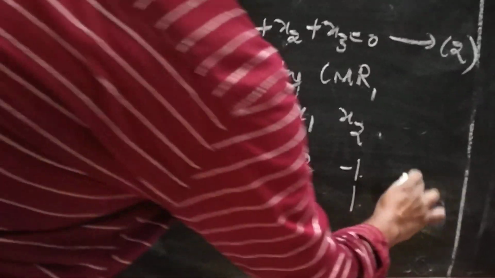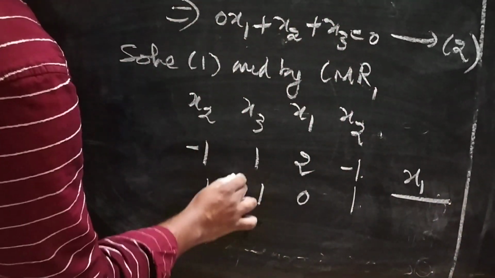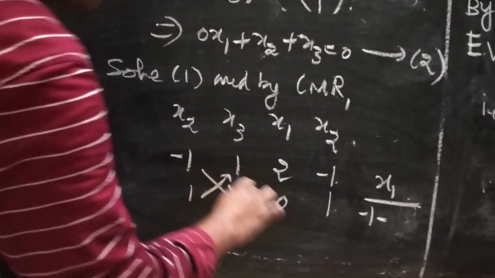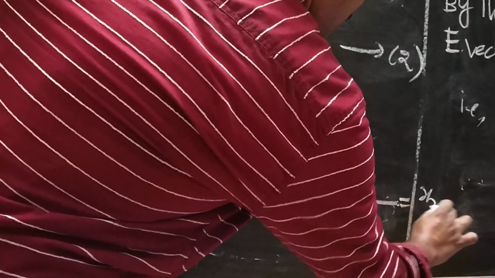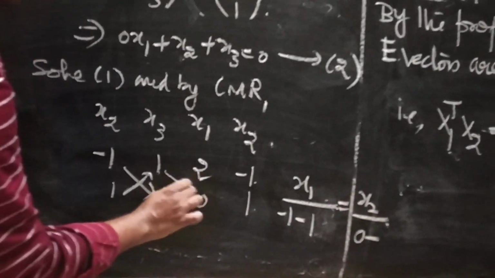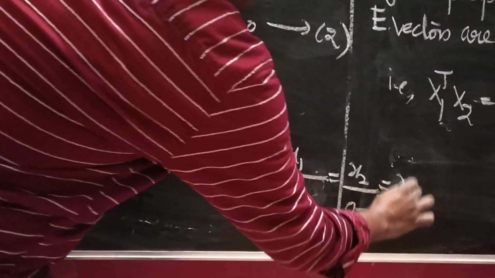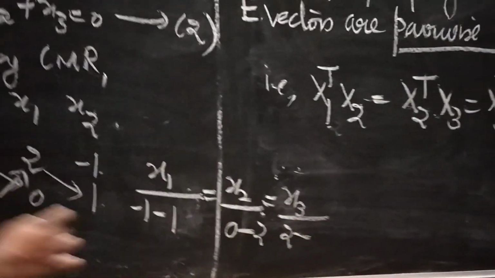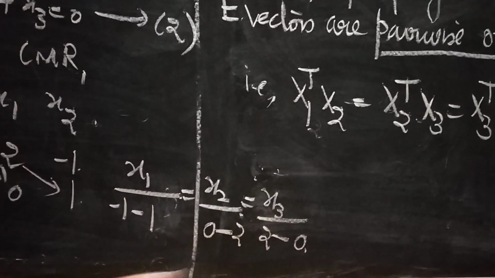So therefore, what is x1 value? Minus 1 into 1 is minus 1, minus 1 into 1, so minus 2. x2 value: 1 into 0, 0 minus 1 into 2, minus 2. x3 value: 2 into 1, 2 minus 0 into minus 1, 0, so 2.